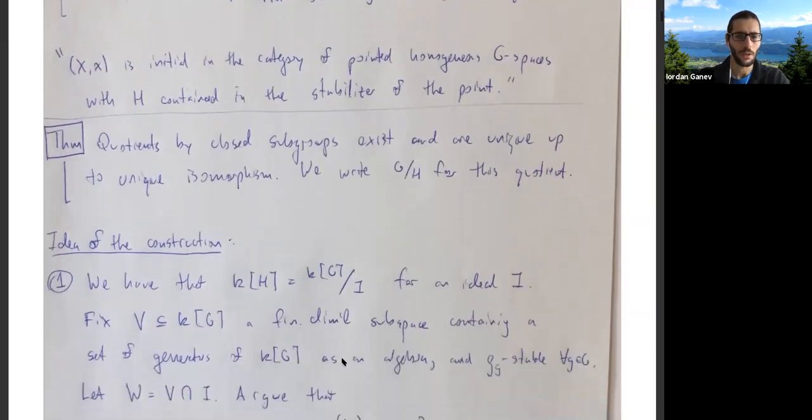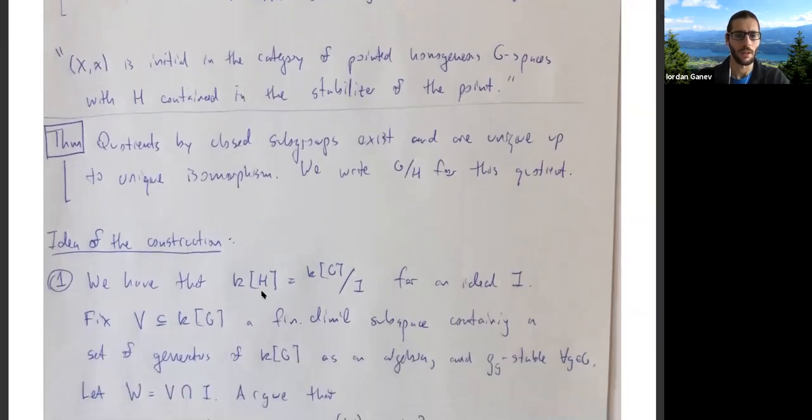If we have a closed subgroup, then functions on the subgroup are a quotient of functions on the group, so we have some ideal I. Let V be a finite dimensional subspace of the affine algebra of the group that contains a set of generators for the affine algebra as an algebra.